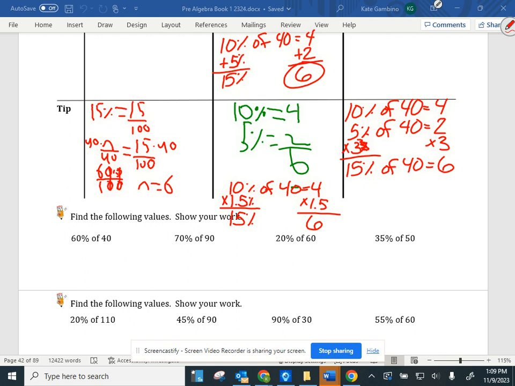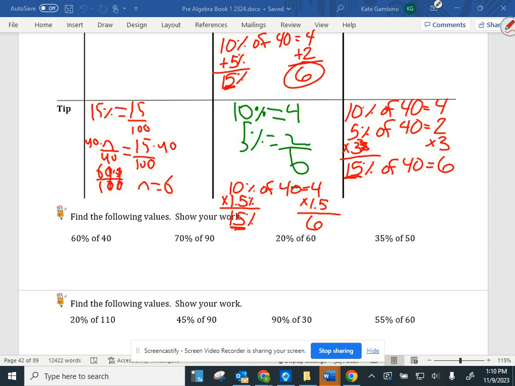So we just wanna get, yes. Here we got to 15%. Here we got to 15%. Here we got to 15% because we wanted to leave a 15% tip. So there were different ways to get to that 15% tip using the number sense that you are comfortable with.